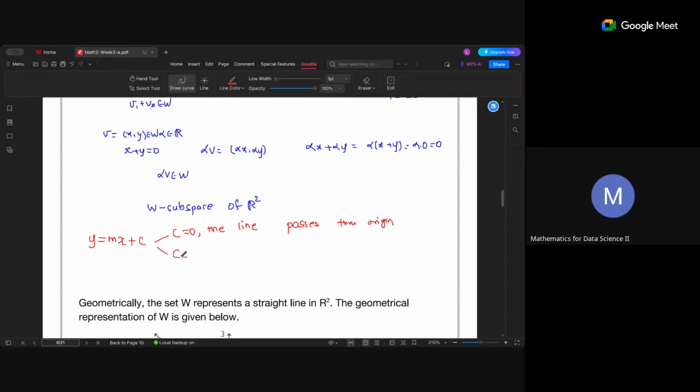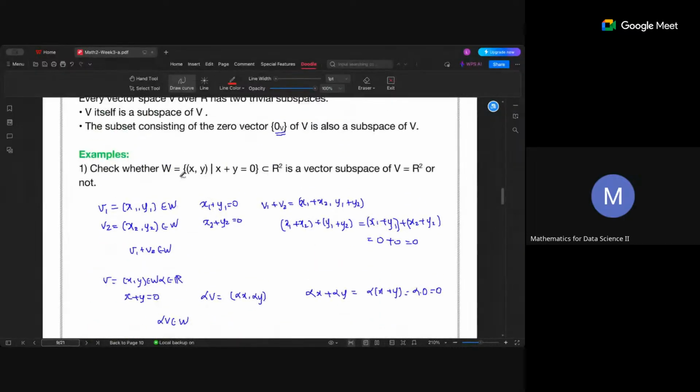And if c is non-zero, then the line does not pass through the origin.